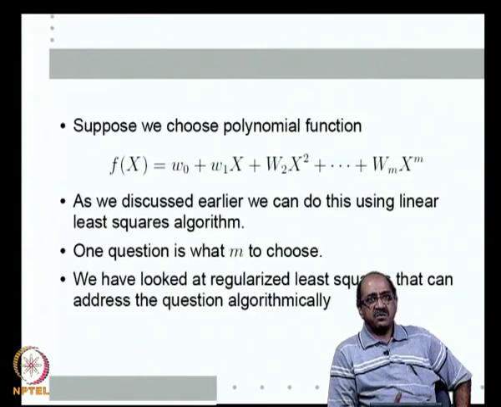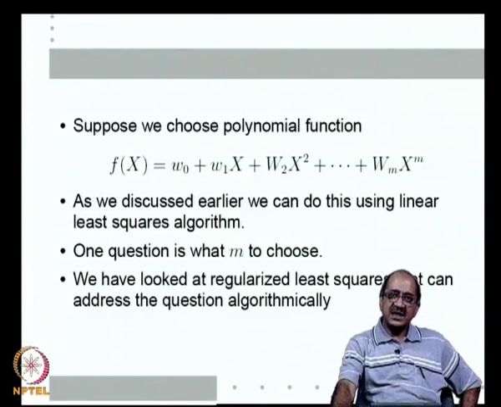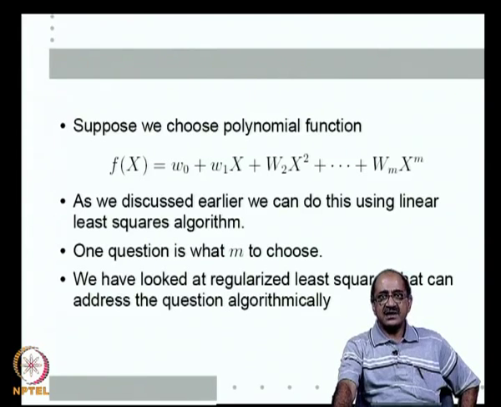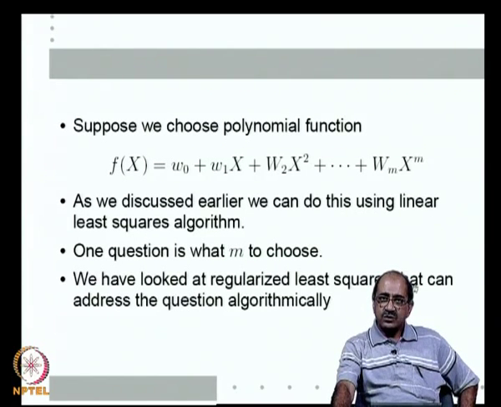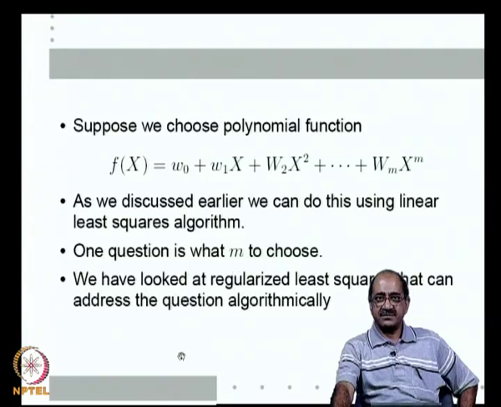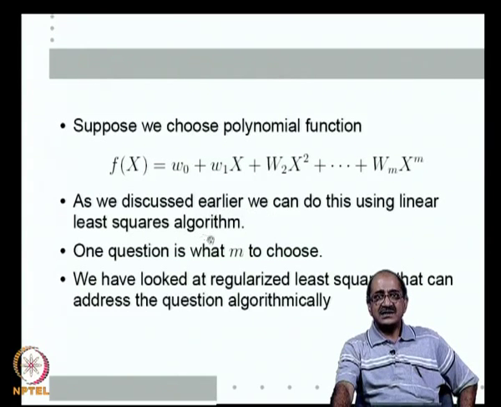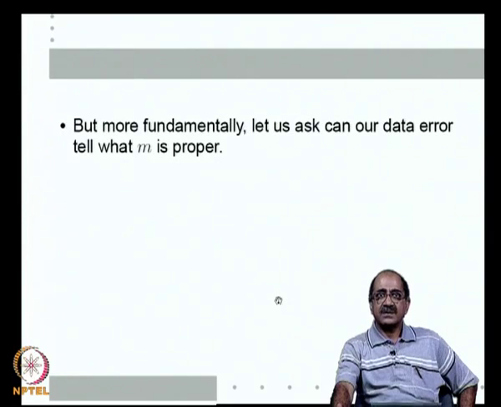We said, okay, we take both data error and some regularization term, and there is a regularization constant. So, these algorithmic issues are important, and ultimately that is how we are going to control generalization. But first our focus is theoretically understanding why we need such a regularization. Okay. So, essentially one way of thinking of it is, what m should I choose?